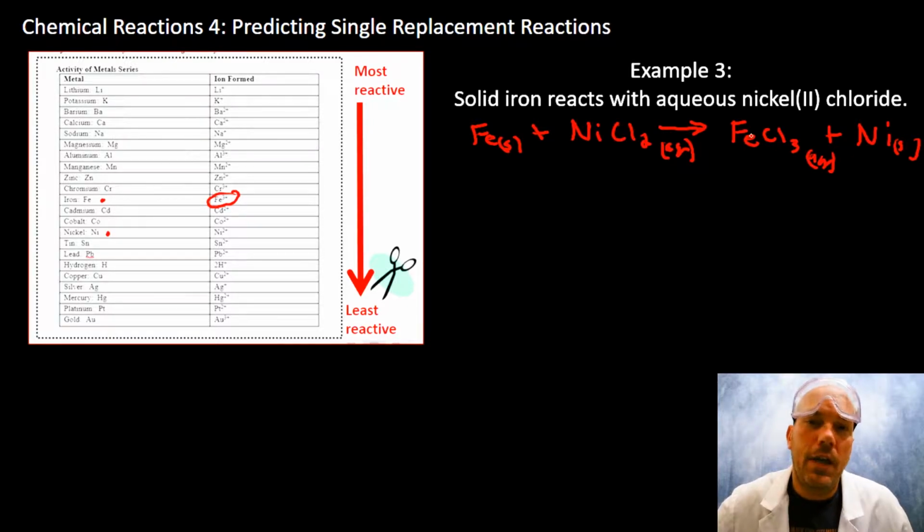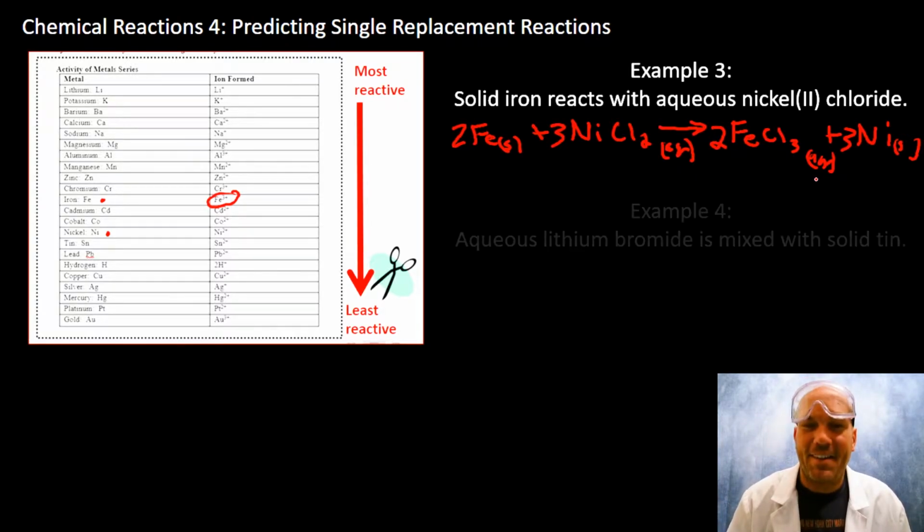And so let's go ahead and place some coefficients in here and see if we can get this balanced. First off, I see my chlorines here. I'm going to need to make those 6. Now I have 2 iron, so I'll put a 2 there. And now I have 3 nickel, and I'll put a 3 here, and double checking, this is all balanced.